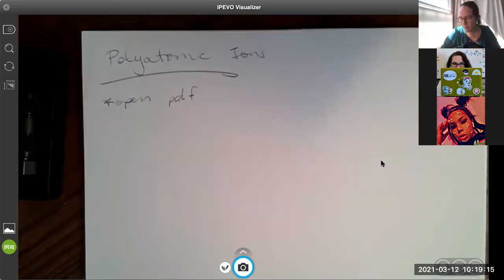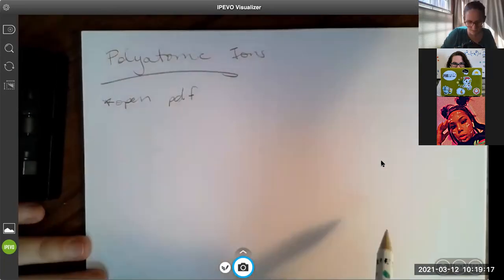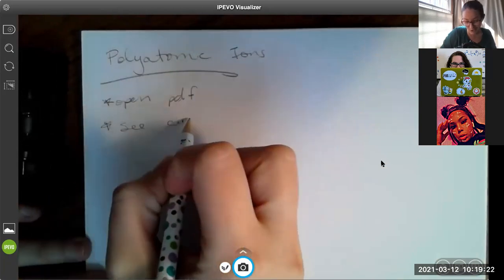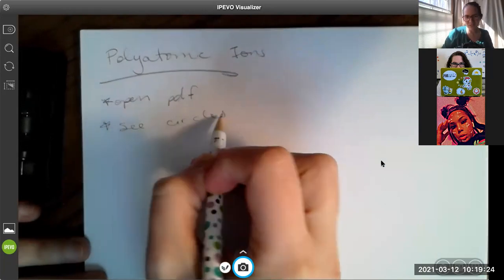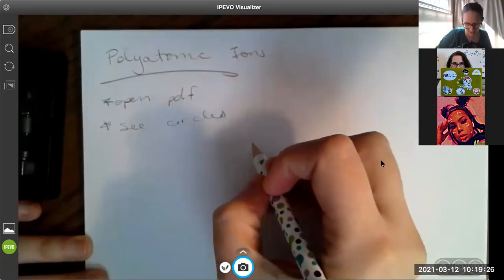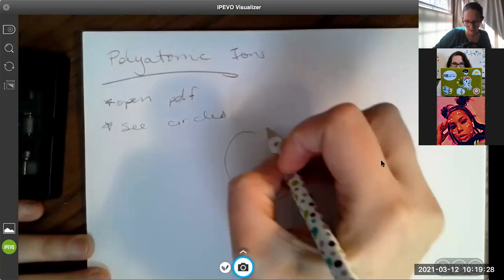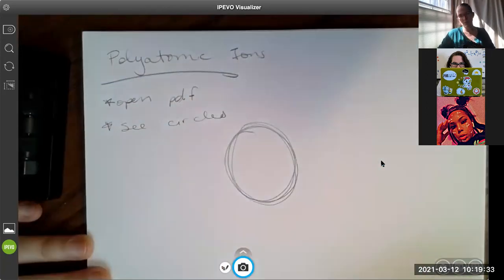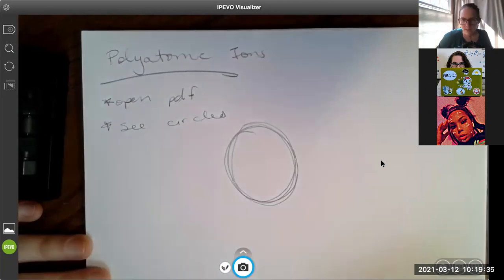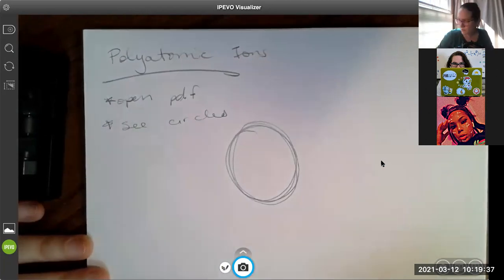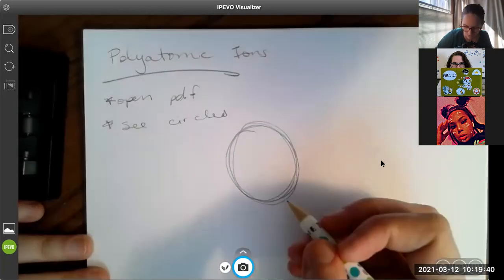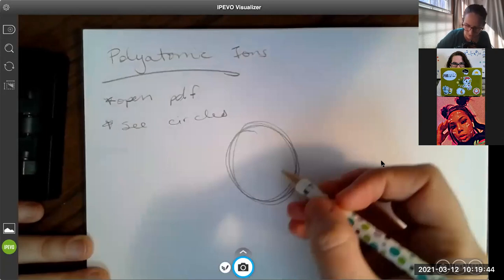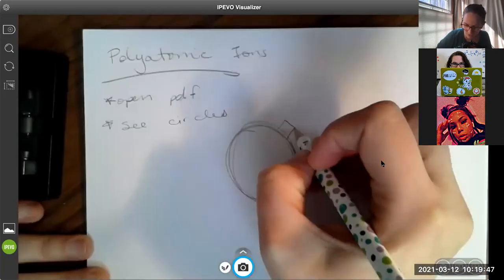On that page, you're going to see a lot of little circles. All of the circles have a few characteristics. Usually in class, I hand you that page and say, what do you notice? You can start to look at it on your PDF, and you will notice here's the anatomy of the circles on this page.